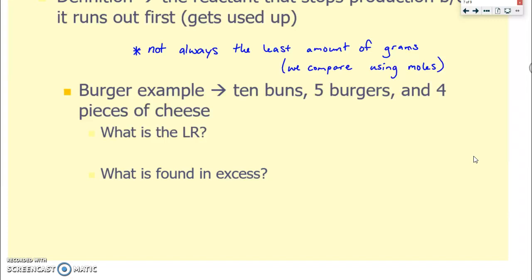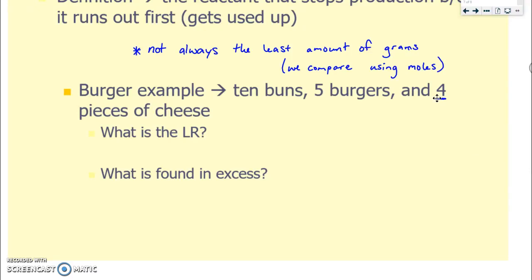So I have an example here. It's a burger. So we have 10 buns, 5 burgers, and 4 pieces of cheese. So we're trying to make some cheeseburgers. Okay. How many total cheeseburgers can we make? Assuming that they each get 1 piece of cheese. So you should hopefully say 4. Okay. And the one that's limiting you from producing more is the cheese.